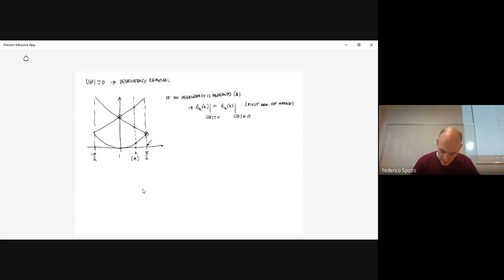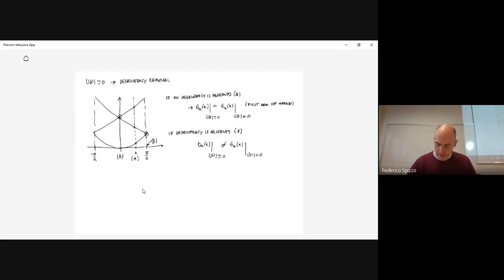And in this picture that we may call B, if we have degeneracy, then E of n of k in presence of the potential is different from E of n of k in the free electron configuration.